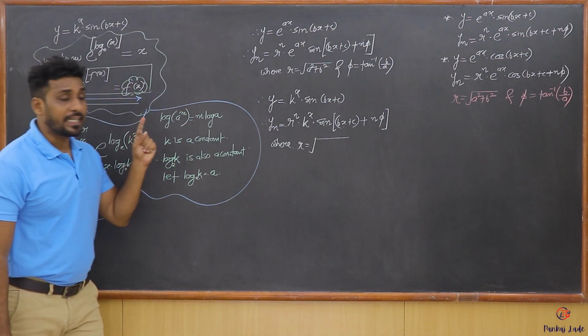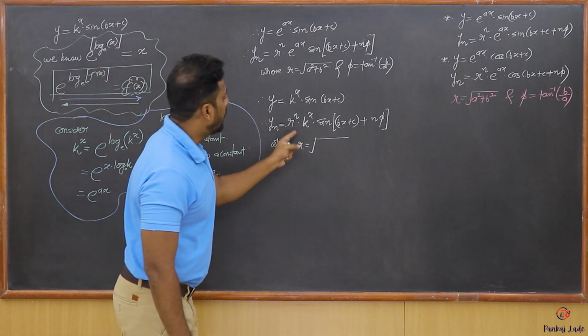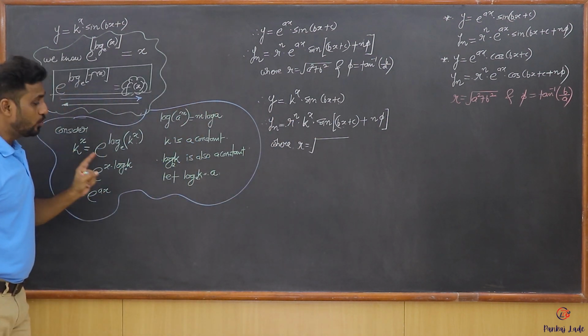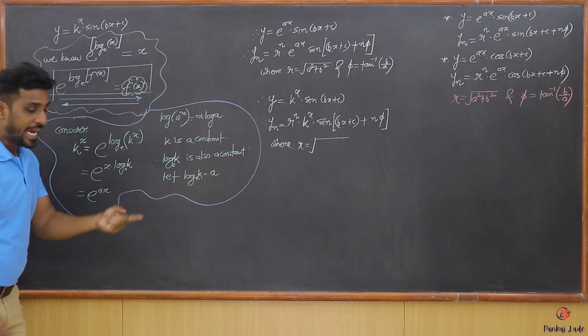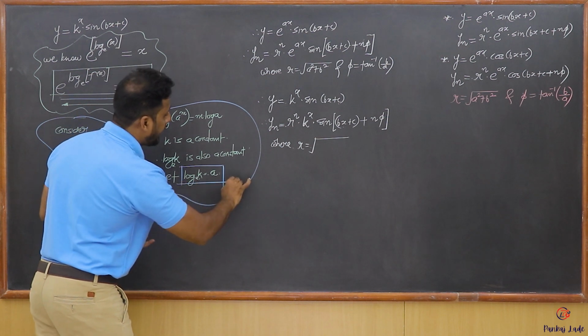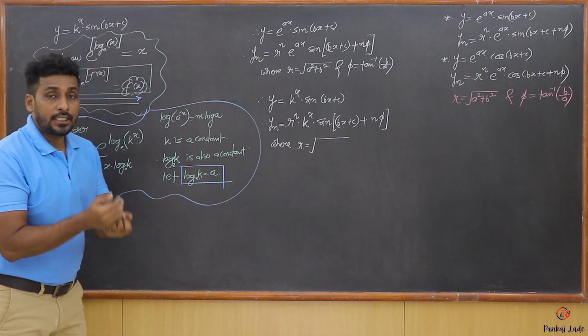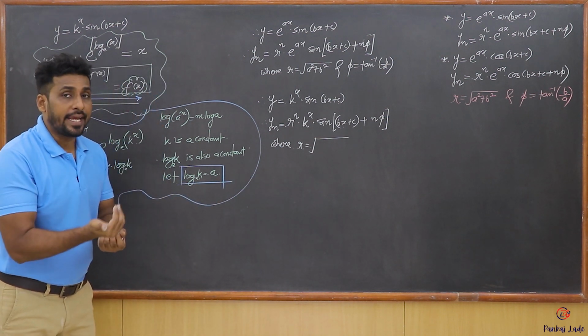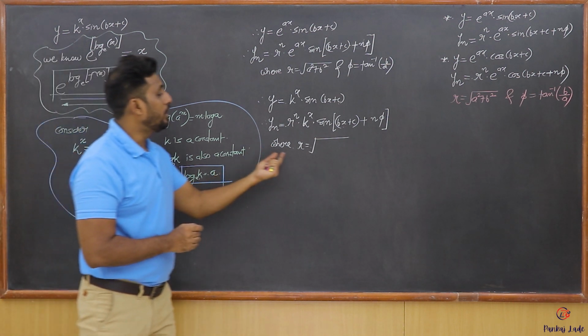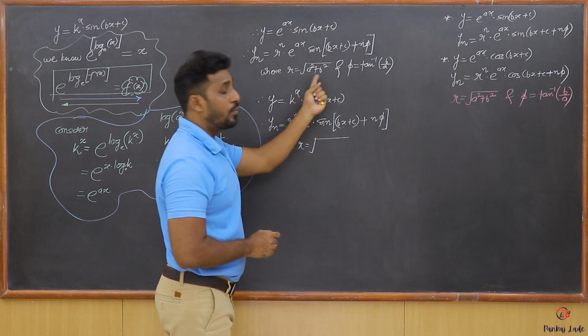So students, tell me what is a here. If you remember, I had k raised to x as e raised to ax. Observe carefully. What is a? A is log k. So when e raised to ax transforms into k raised to x, a will also transform into log of k. So here r was root of a square plus b square.